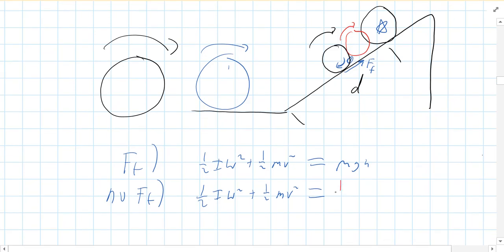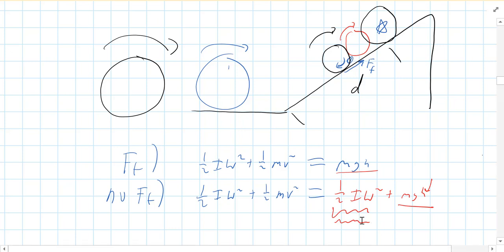So you would still have your 1/2 I omega squared sitting there. And then you would have an mgh. Okay. Well, this term has to be less than this term because you've got this term sitting there, assuming the left sides of the equation are both the same. Okay. So this height would be smaller than the previous height because this rotational energy hasn't been converted to gravitational potential energy.